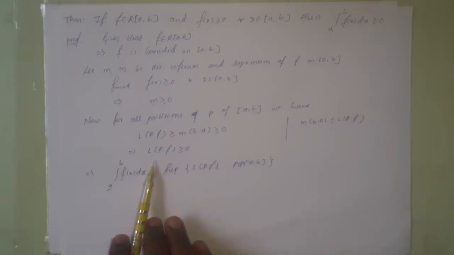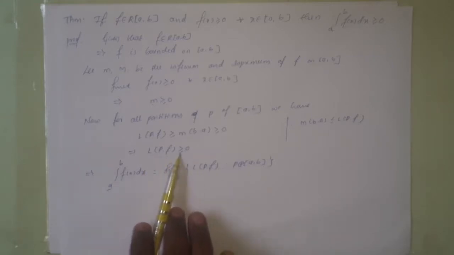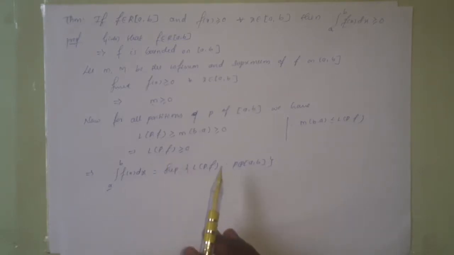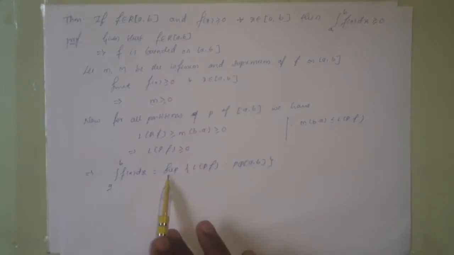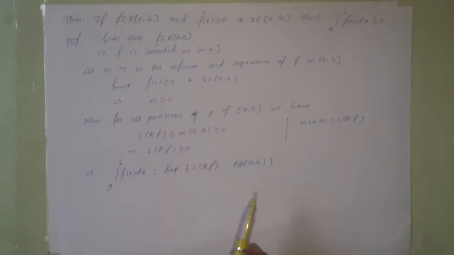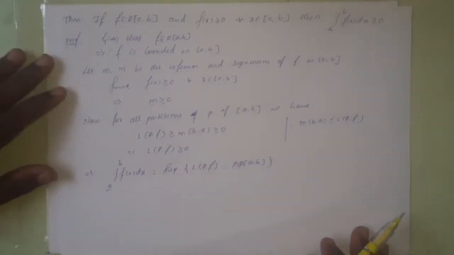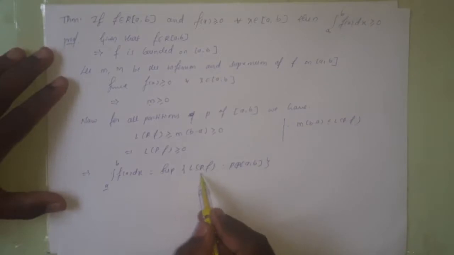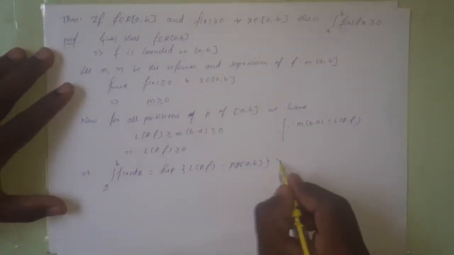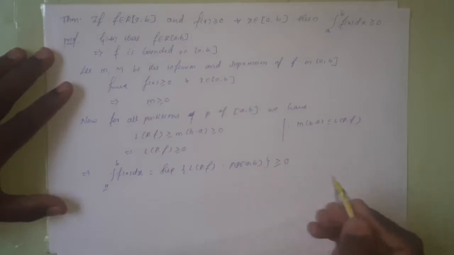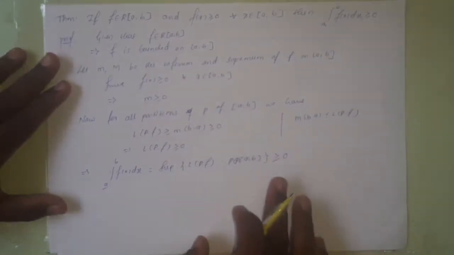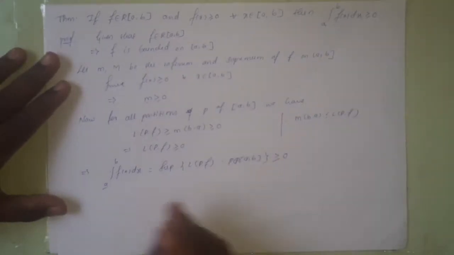So, here we got the result that L(P, f) is greater than or equal to 0. Each L(P, f) is greater than or equal to 0, then indirectly the supremum of L(P, f) must be greater than or equal to 0, because each L(P, f) is greater than or equal to 0, then it implies that the supremum of all the L(P, f) must be greater than or equal to 0.